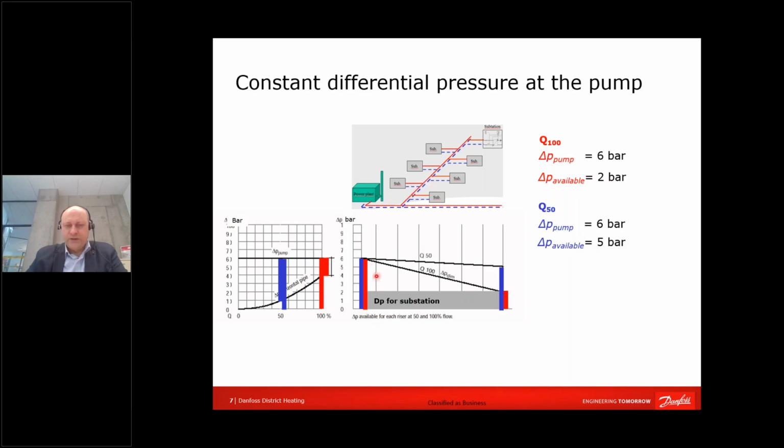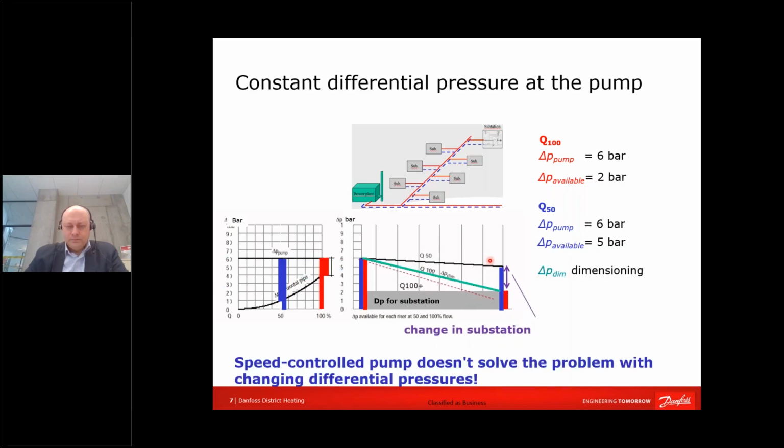Differential pressure is still maintained at the district heating utility at a constant level, but the remote consumers are suddenly receiving larger differential pressure. So the motorized control valve will have to close to compensate for that increase. And as I told you recently, we might face a pressure drop even larger because of too large flow.